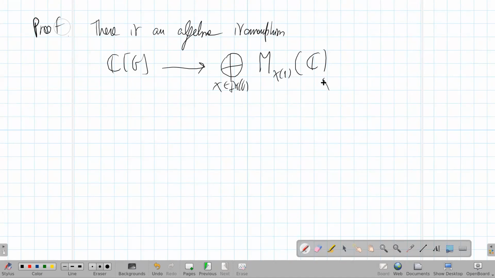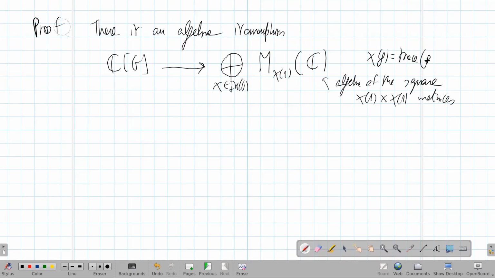So this is the algebra of chi(1) times chi(1) matrices. We take the convention that chi of g is the trace of rho of g, so rho stands for a representation that affords the irreducible character chi.